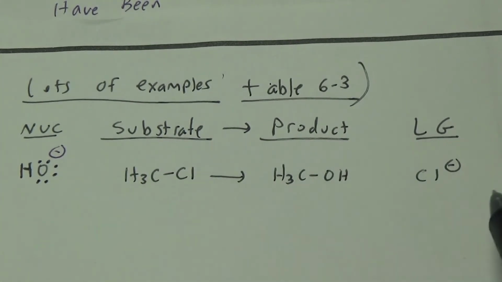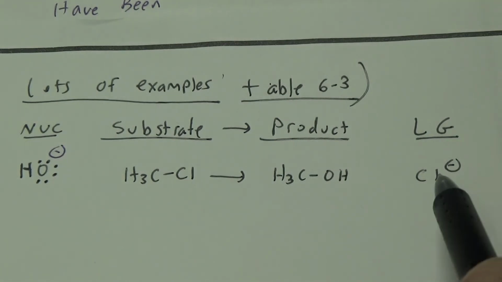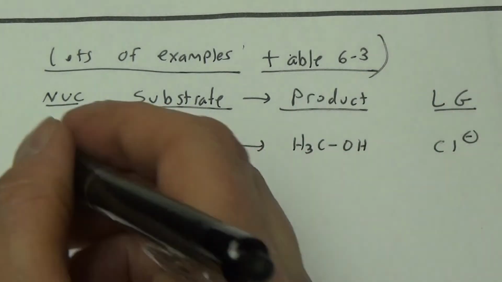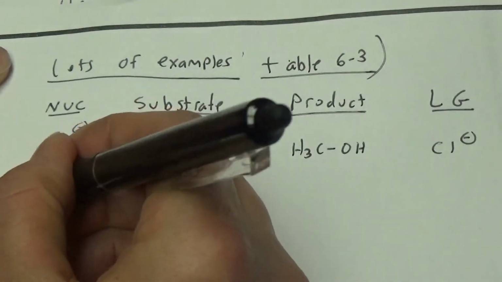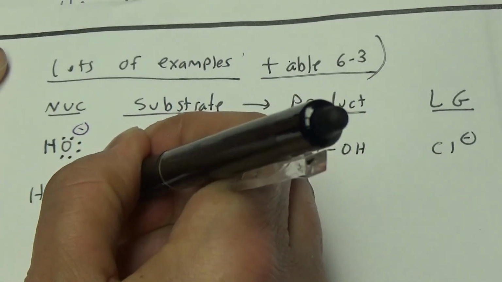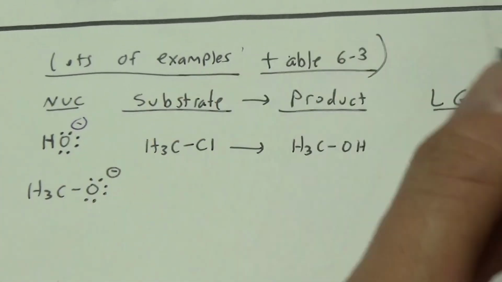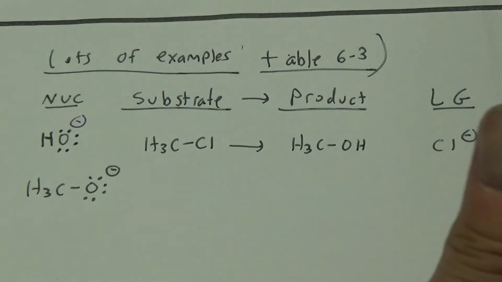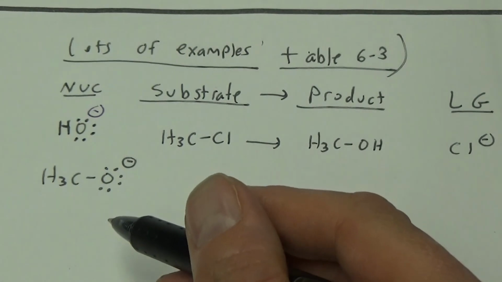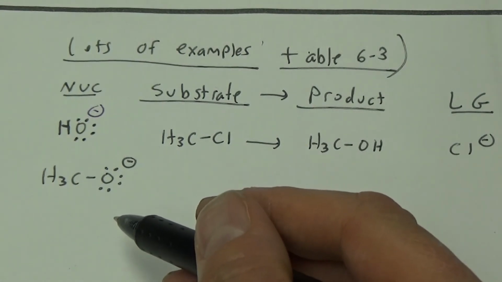If the charge isn't balanced, then you messed up. Okay, let's show methoxide, which is methyl O minus. That's methoxide. You don't need the name though, of course.